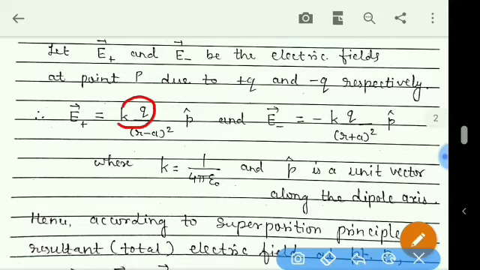One more thing, the unit vector p-hat for the direction of the electric field is here also. So we can take these things common.